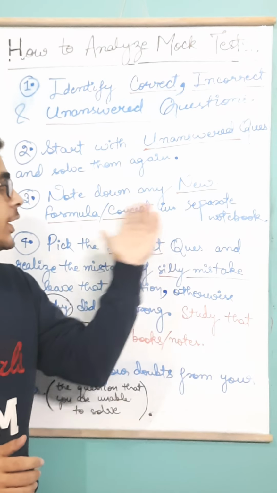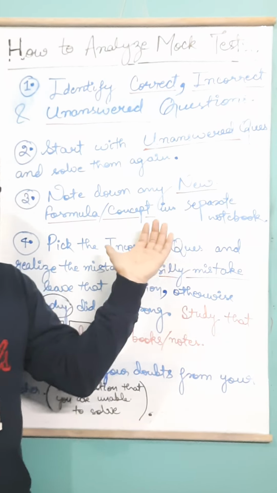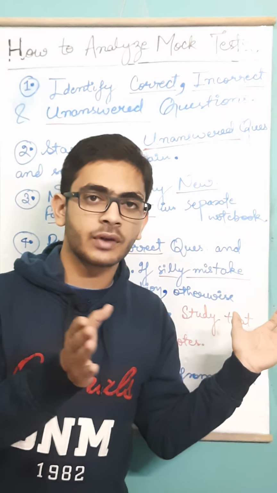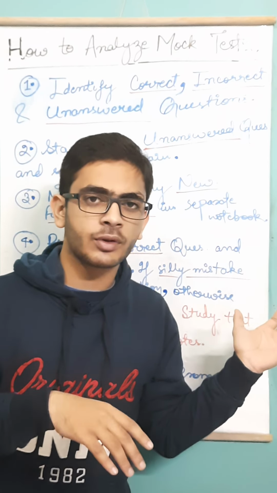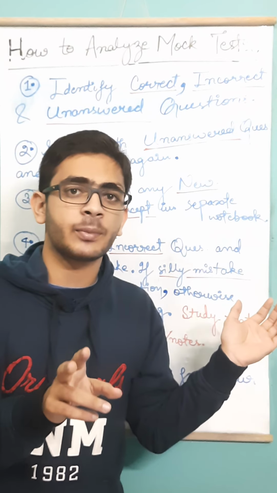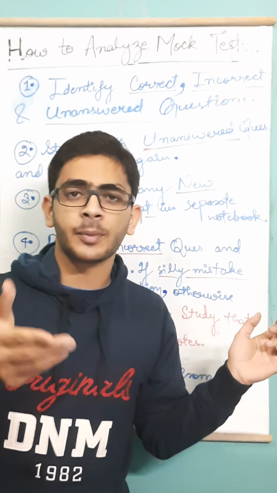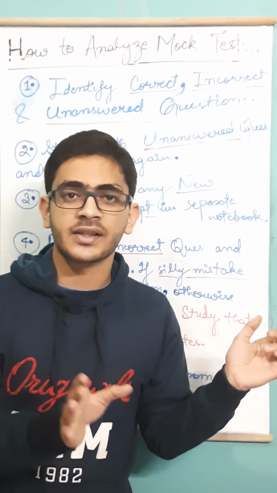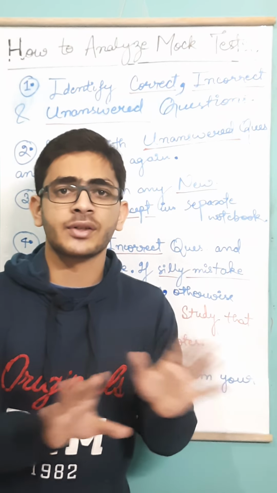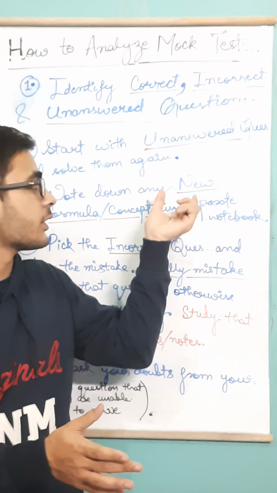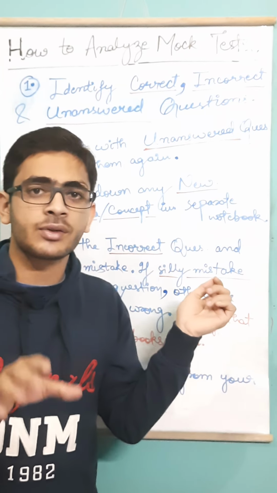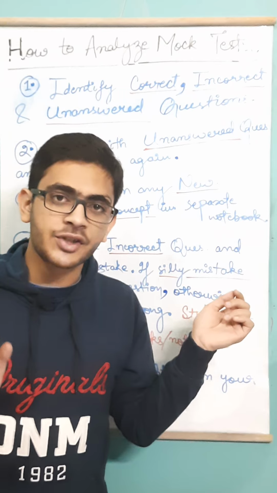Third, note down any new formula or concept in a separate notebook. While solving that particular question, if you come across a new formula or a new concept, you have to note it down in a separate notebook, if the solutions are provided by that coaching's test series. If solutions are not provided, then there is no way you can refer to that new formula or concept. The only way is to ask your teacher.